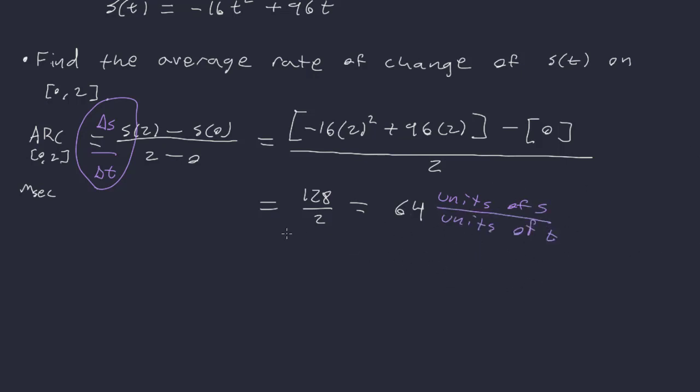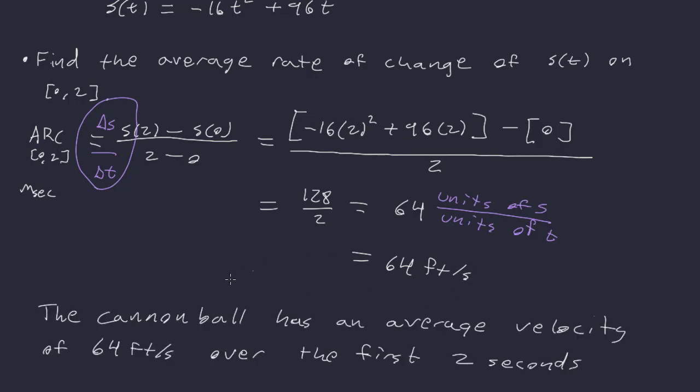So this is actually 64 feet per second. This is an average velocity. In other words, this is telling us that the cannonball has an average velocity of 64 feet per second over the first 2 seconds of its life.